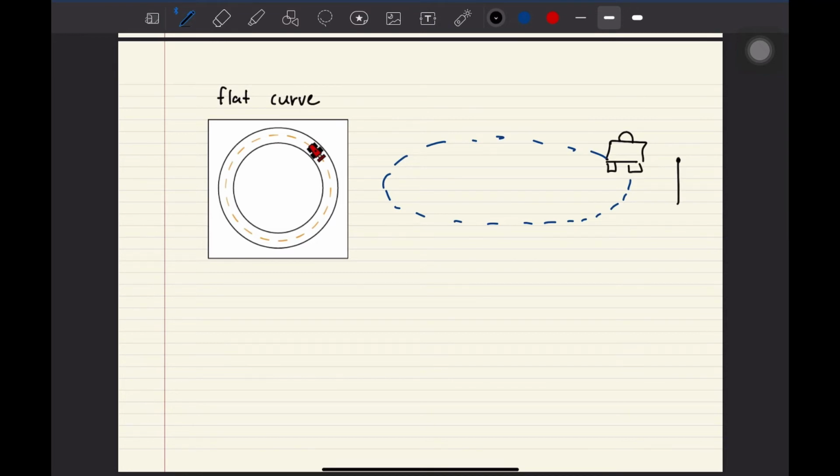I expect to have the weight and the normal force in that direction. And then I need to have something that is pulling towards the center. In this case, the type of force that is pulling it towards the center would be the friction.